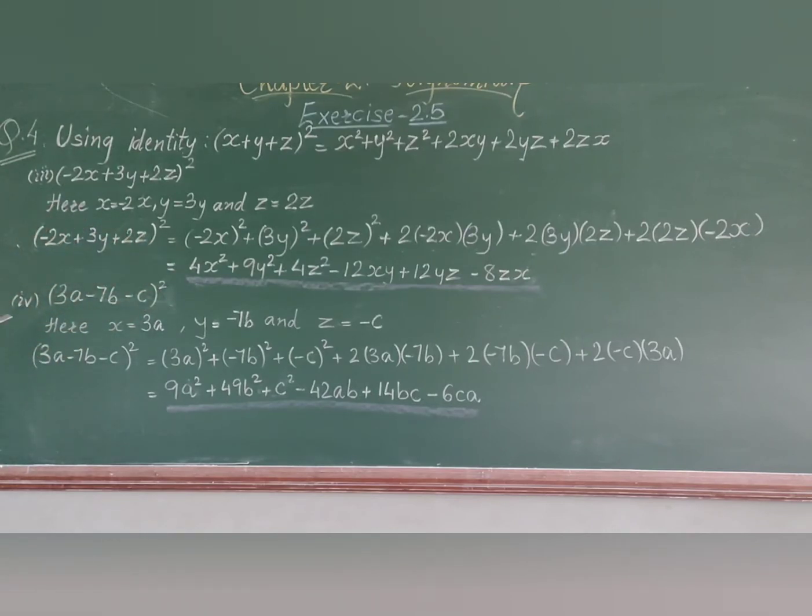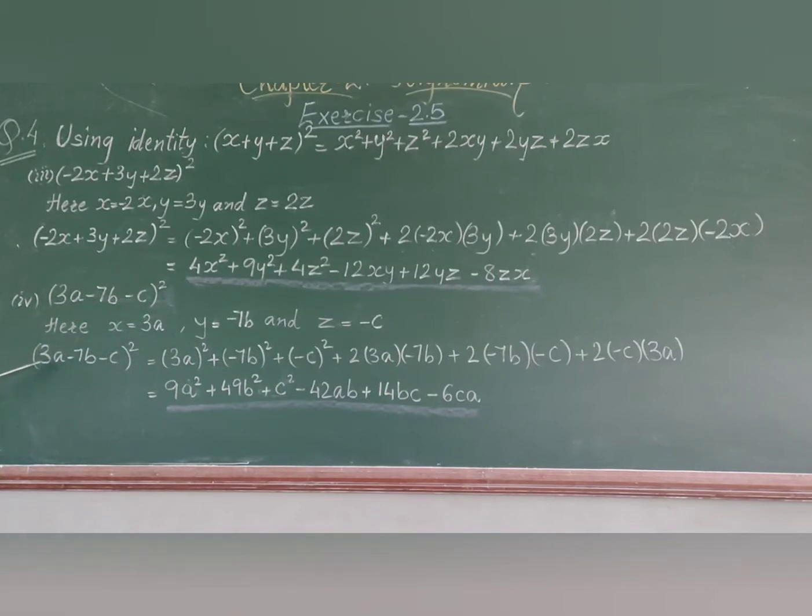Question number 4. 3a minus 7b minus c whole square. Comparing the question with the identity, we can see here x is 3a, y is minus 7b and z is minus c.